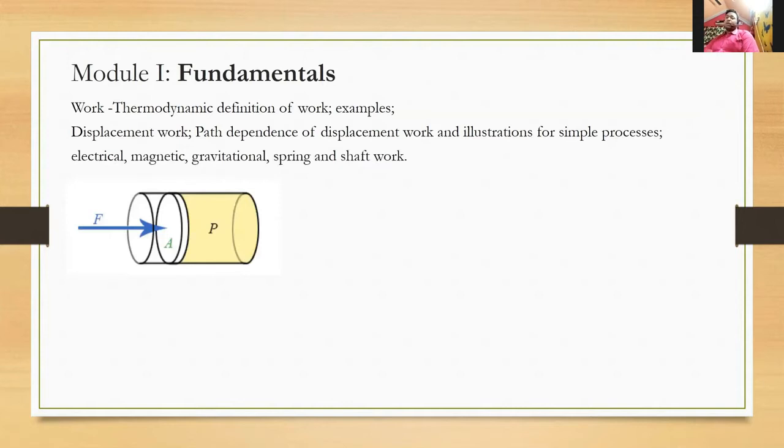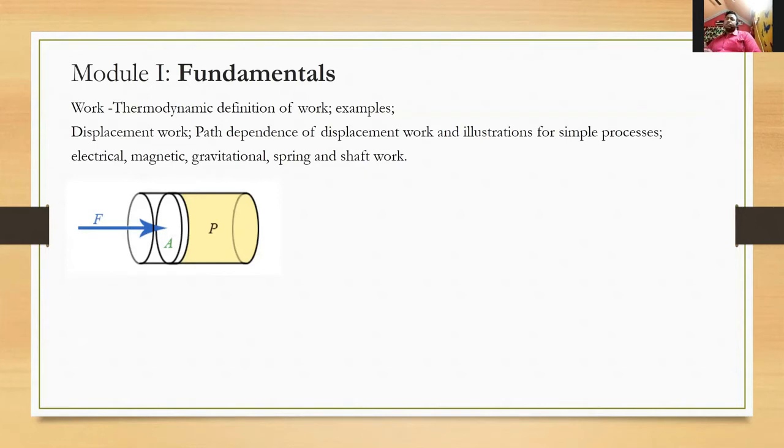Whenever we talk about work, first of all, it comes to our mind that we generally want to have a force. We have a force, and in the direction of the force something is happening. The way Newton defined the force, the same way thermodynamics also defines the force. It's very similar. And in this diagram also you can find that same thing.